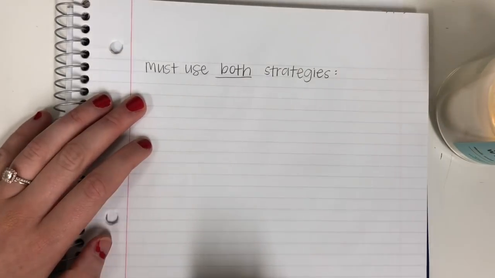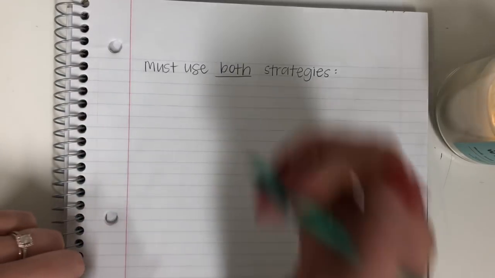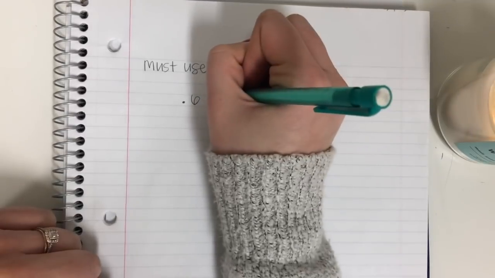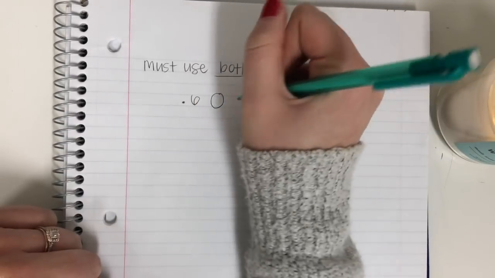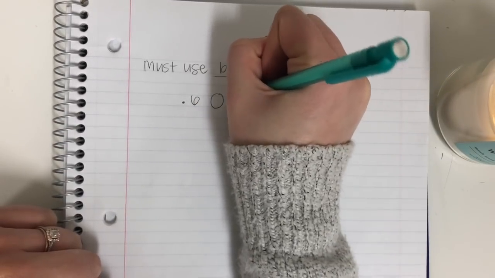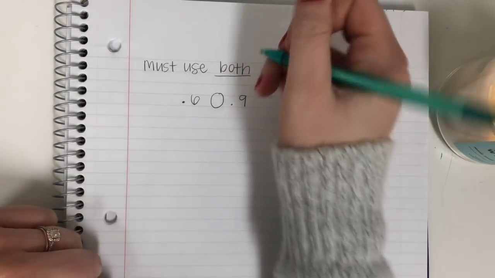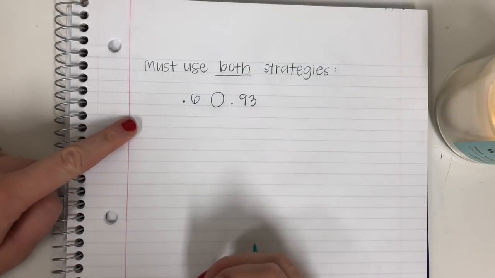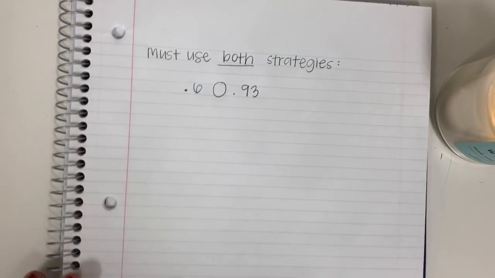I'm going to give you one problem, but you need to show both ways. So let's do 6 tenths compared to 93 hundredths. Okay, so you must do the converting to fractions method and the number line method.